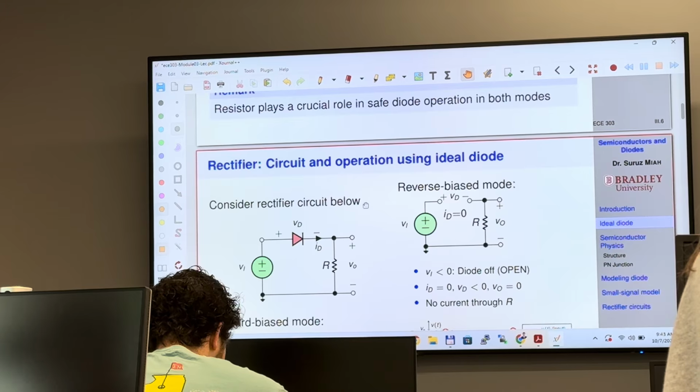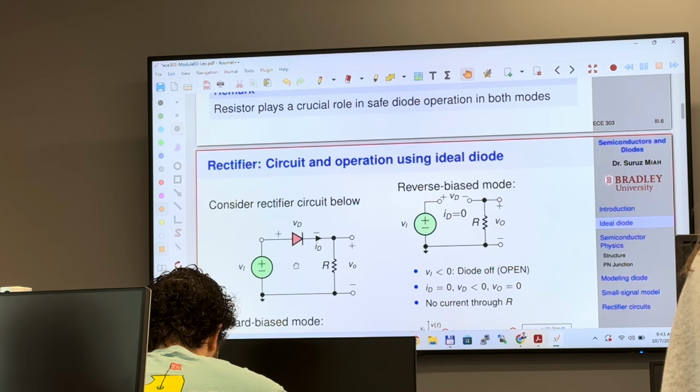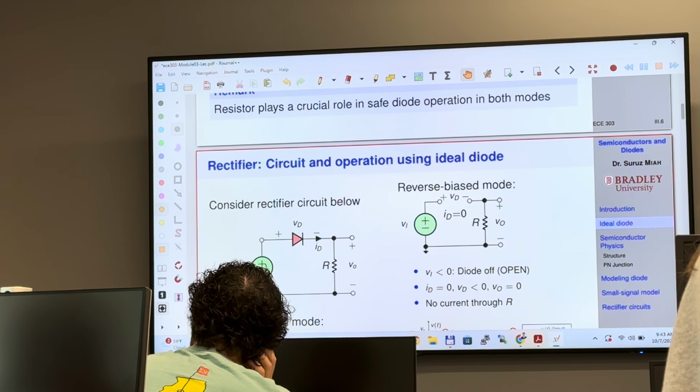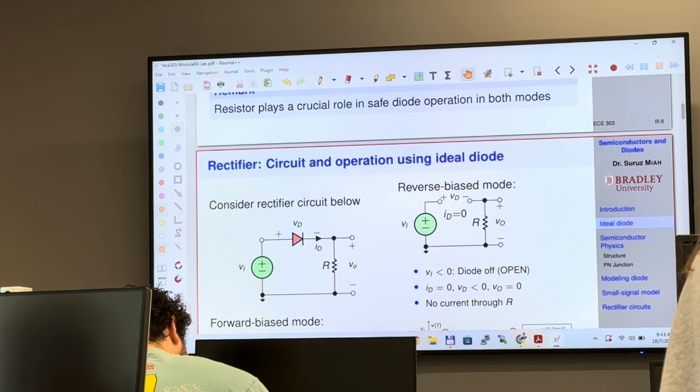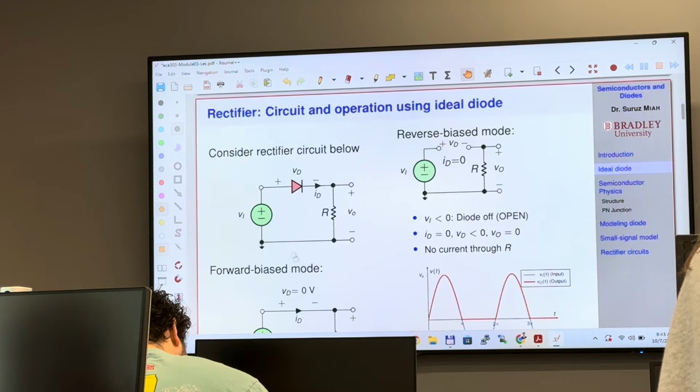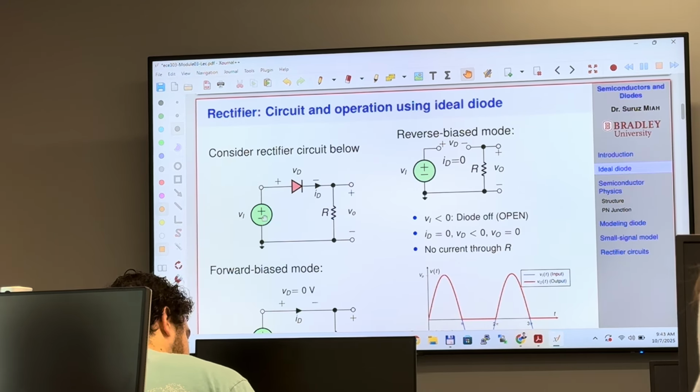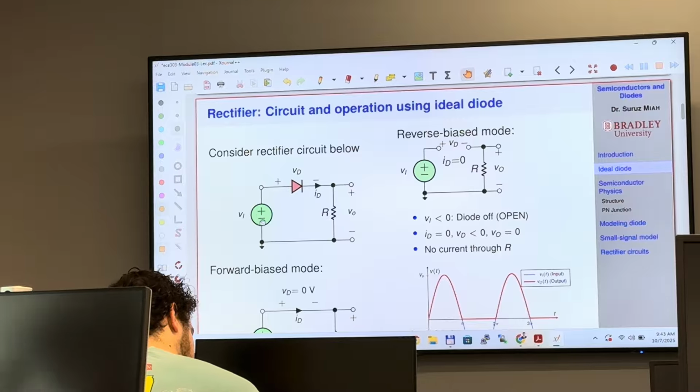So consider the rectifier circuit below. Again, this rectifier circuit is the first step of converting AC to DC. So we apply positive voltage here.